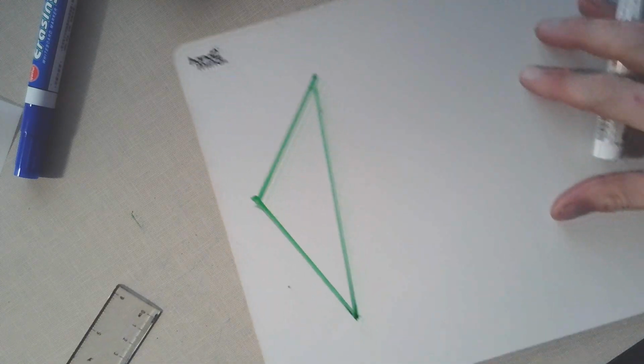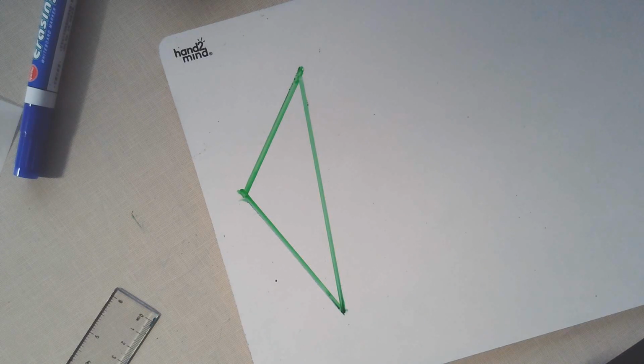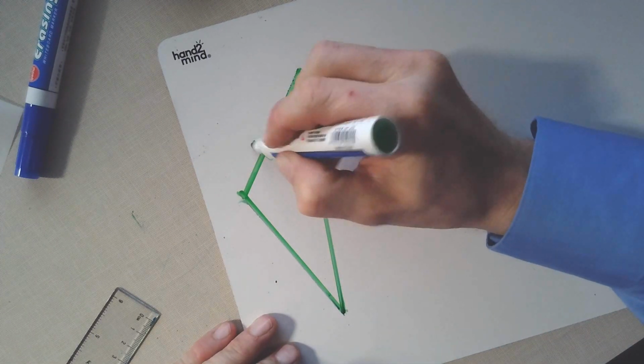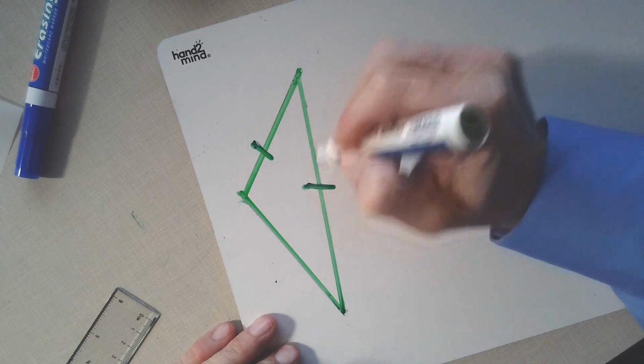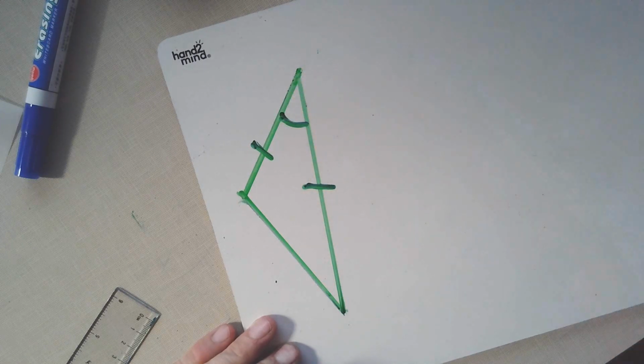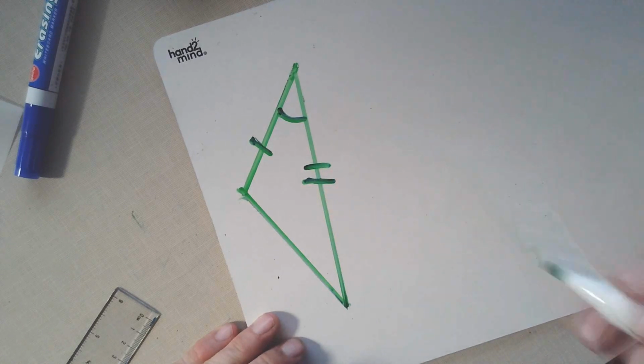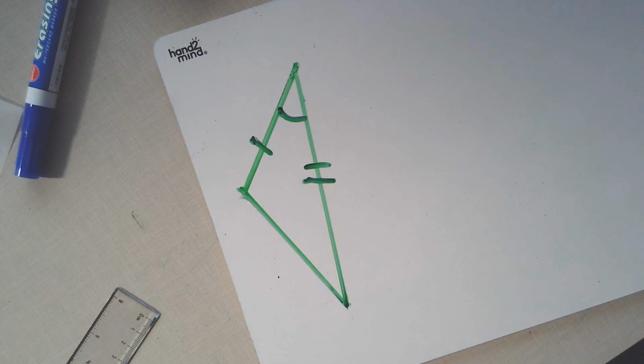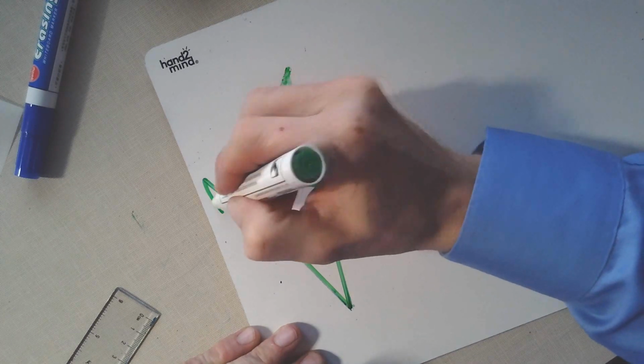Okay, that's my triangle, and I'm going to say that I know this side and this angle. We're going to call this triangle ABC.